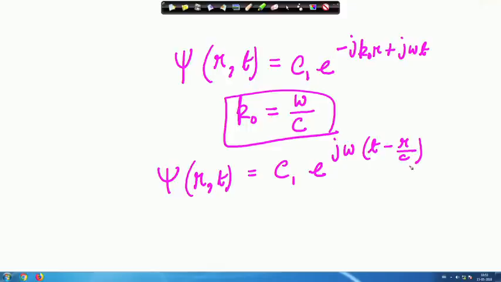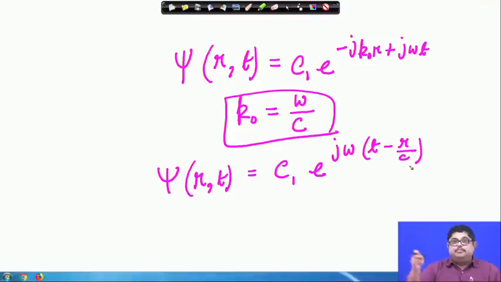So, this is definitely an equation of a wave which is travelling outward and reaching the point P in my drawing, the observation point P, at a time delay of r by c.